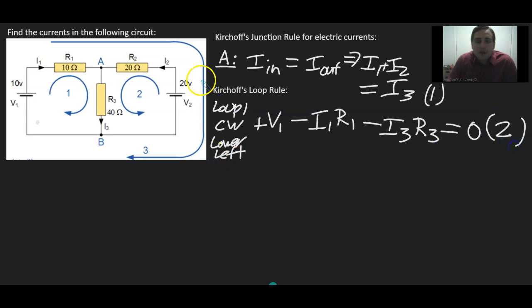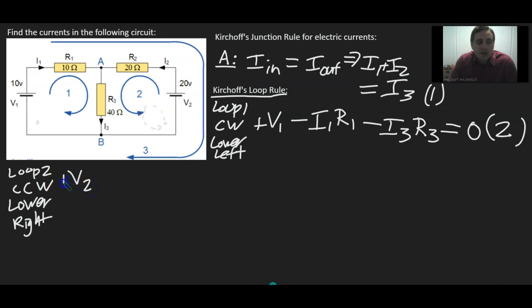Let's also do Kirchhoff's loop rule, but now for loop 2, that's going to be counterclockwise from the lower right, down here. So in some sense starting from here and then we're going counterclockwise. So I think we go across voltage 2.